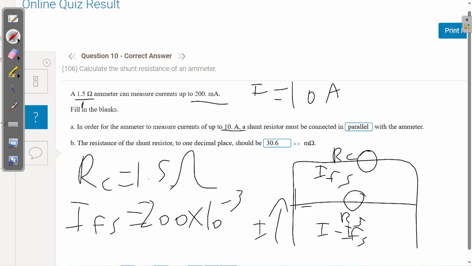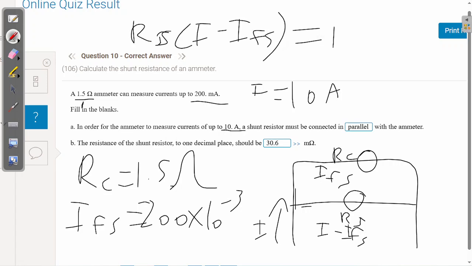We know that in parallel voltage is equal. So the voltage of the shunt is equal to R_S times (I minus I_FS), equals I full scale R_C.